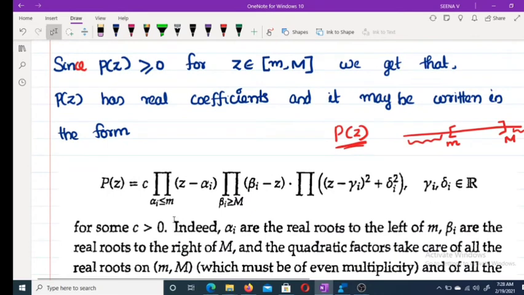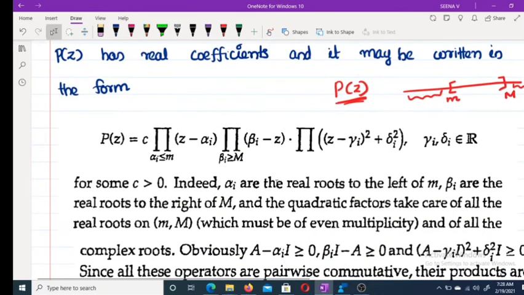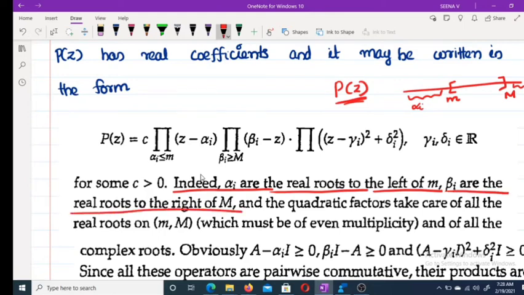So what is alpha I? Alpha I are real roots to the left of m, and beta I are the real roots to the right of M.